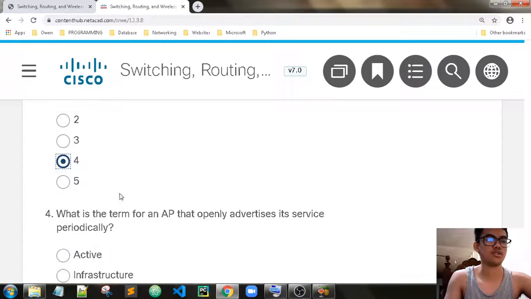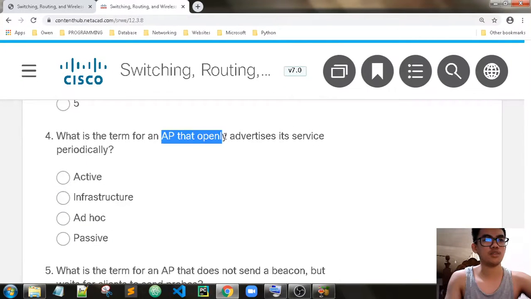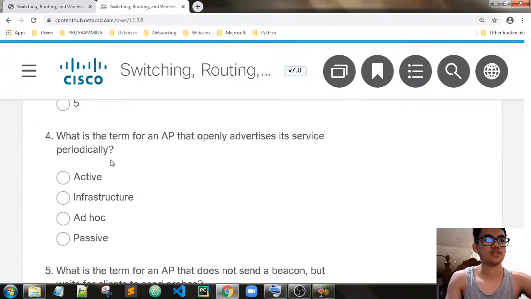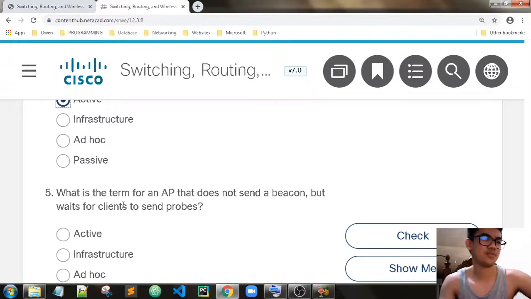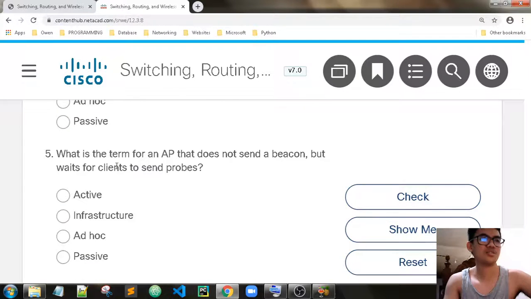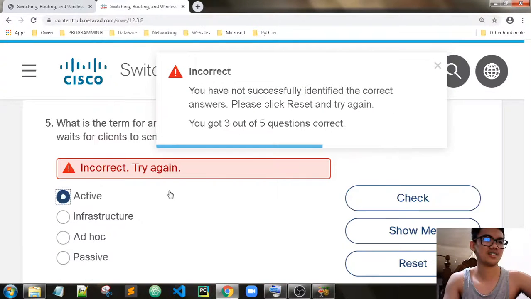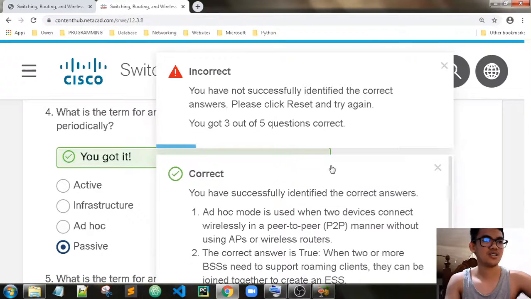How many address fields are in an 802.11 wireless frame? We have 4. What is the term for an AP that openly advertises its service periodically? Active or passive? I think it's active. It's the opposite of active, so passive.